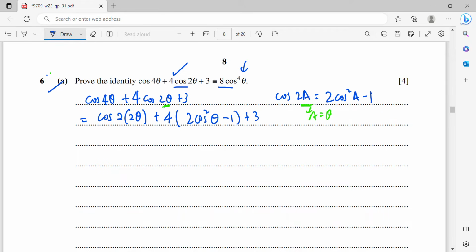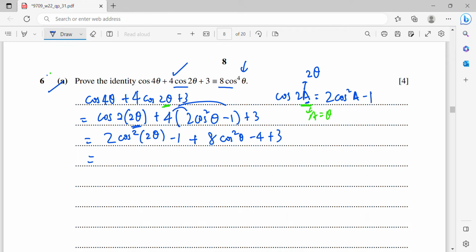Now for the first term, cos 2 bracket 2 theta. Again, you compare 2 theta with the a here, which means my a is 2 theta. So I will get 2 cos squared 2 theta minus 1. Then multiply by the 4, you will get 8 cos squared theta minus 4 plus 3.